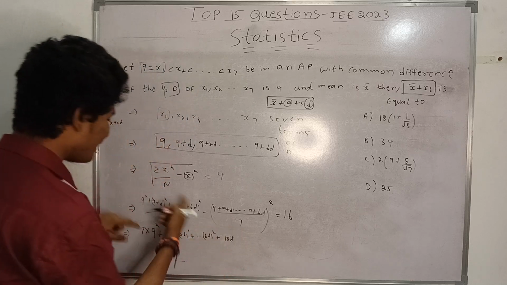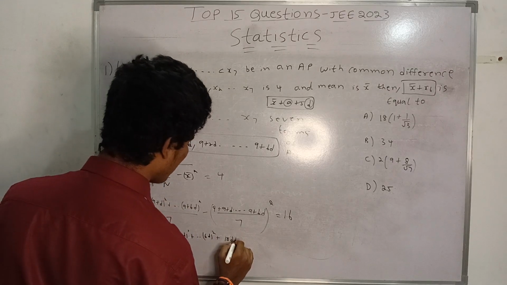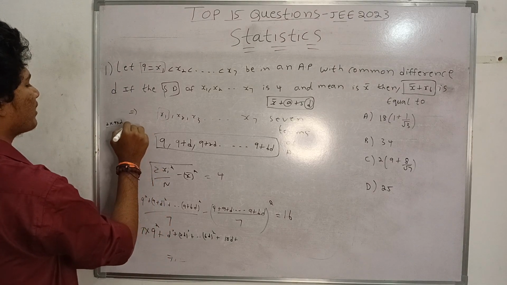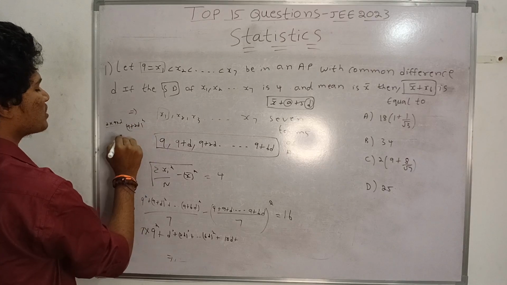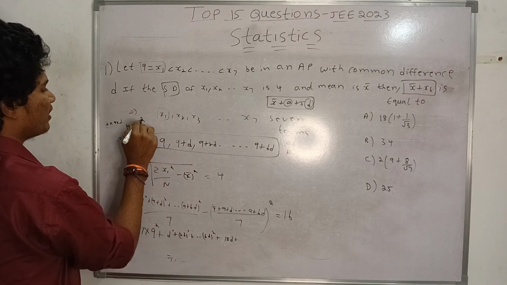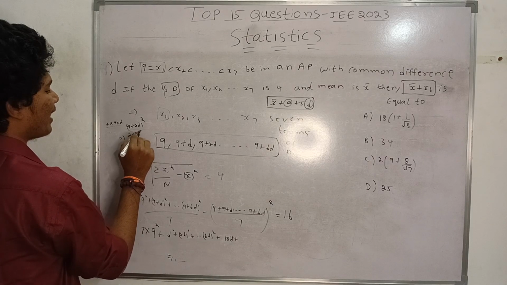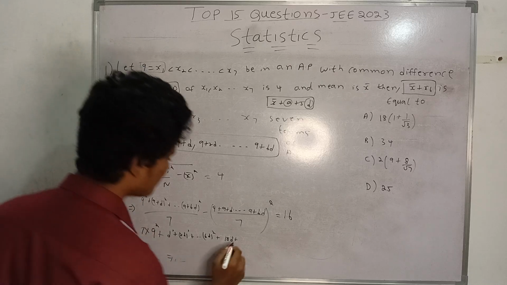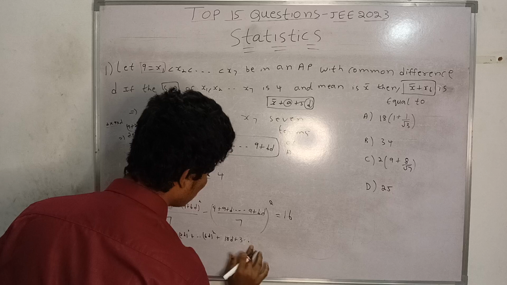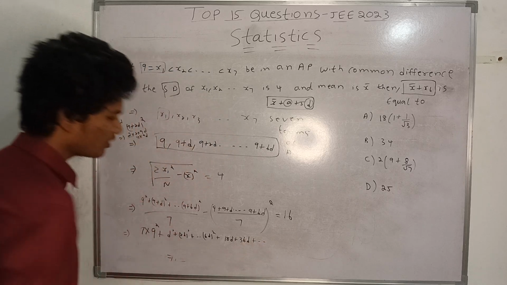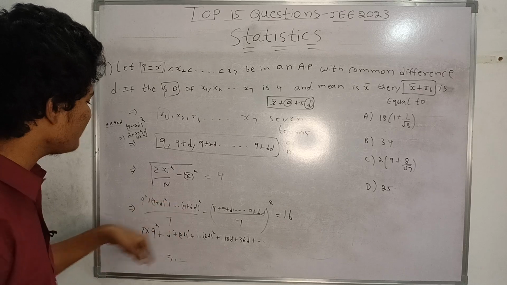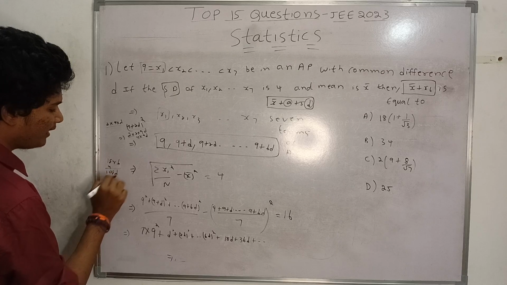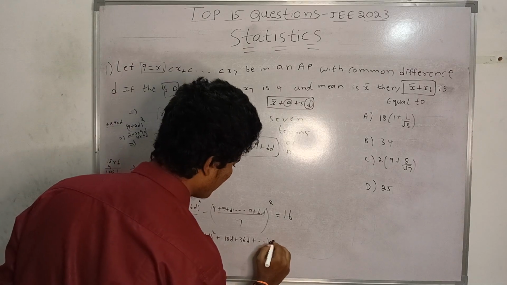In the next bracket, 9 plus 2d whole square, I will get 2 into 9 into 2d, that is 4 into 9 into d, that is 36d, and so on up to 9 plus 6d whole square, where I will get 2 into 9 into 6d, that is 108d.